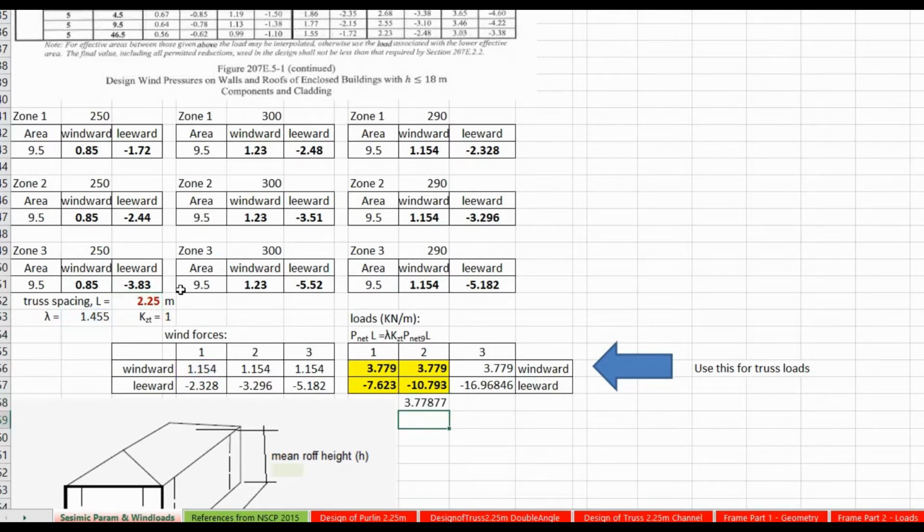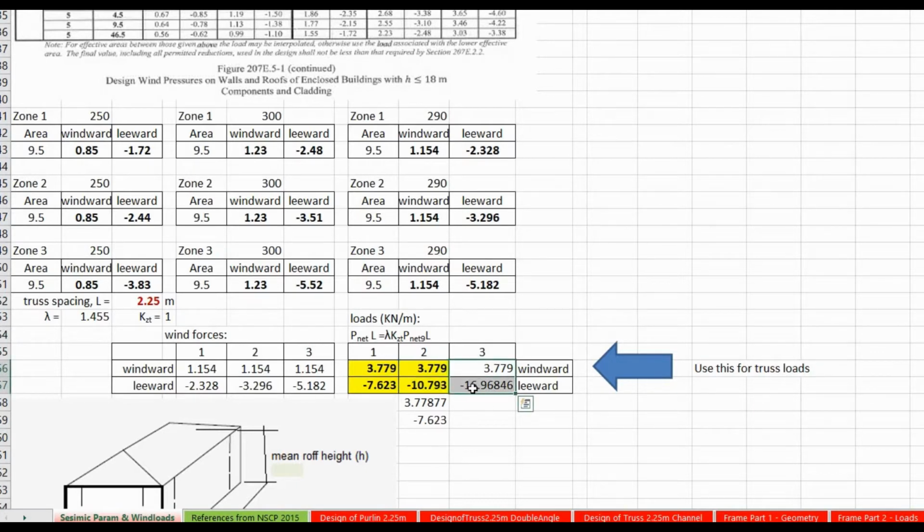Okay? And then yung 7.623 naman, same equation. Factor times KZT times negative 2.328 and times L na 2.25. So you have 7.623. You do the same procedure for zone 2 and 3.